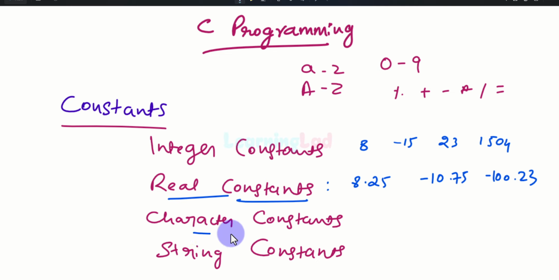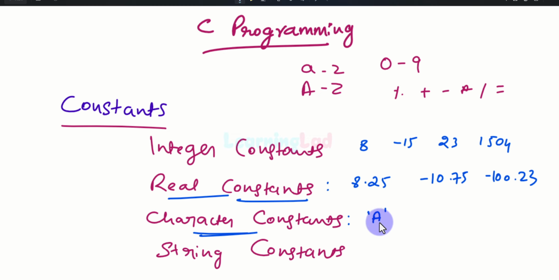And then we have these character constants. These are nothing but single characters. Character constants are written by using single quotes. So when we have one character between single quotes, we consider it a character constant.